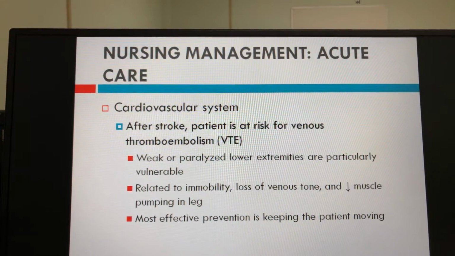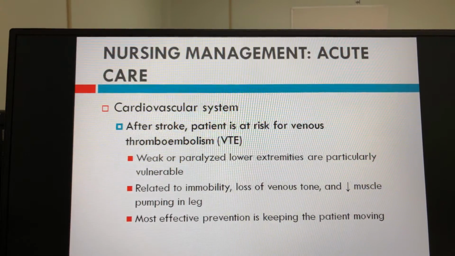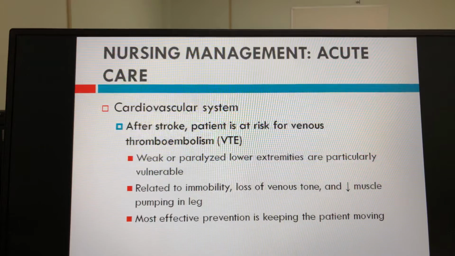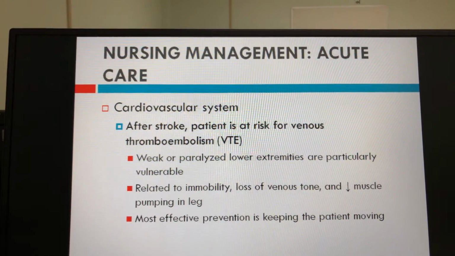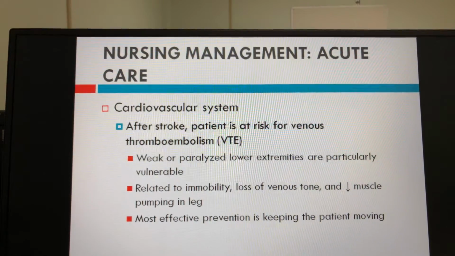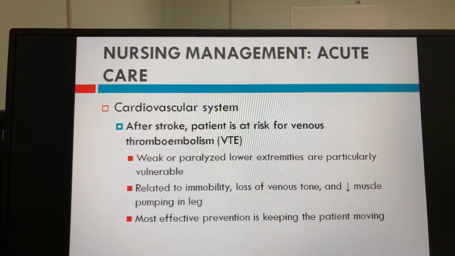We want to teach the patient active range of motion exercises, especially if the patient has voluntary movement in the affected extremity. For the patient with hemiplegia, passive range of motion exercises should be done several times a day.